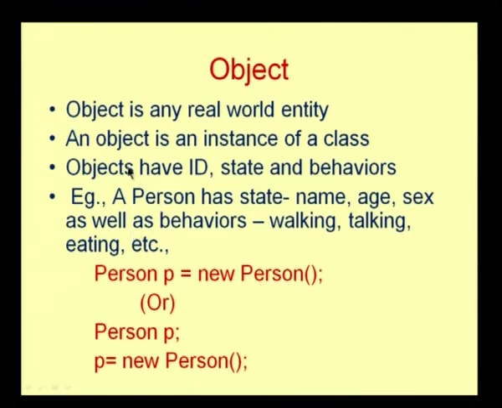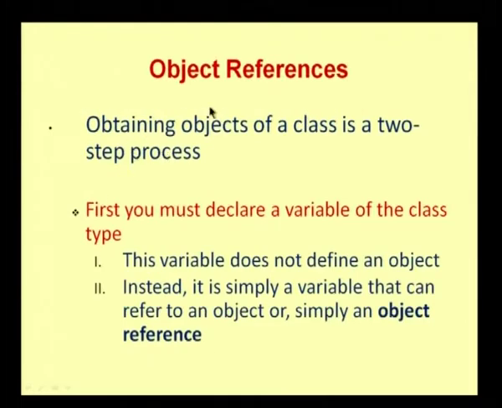Whenever I write a class, we can create many objects. Here you can see that Person is a class for which I have created an object called P. Similarly, I can create n number of persons. Whenever I say object, it means that we have to look into object references.